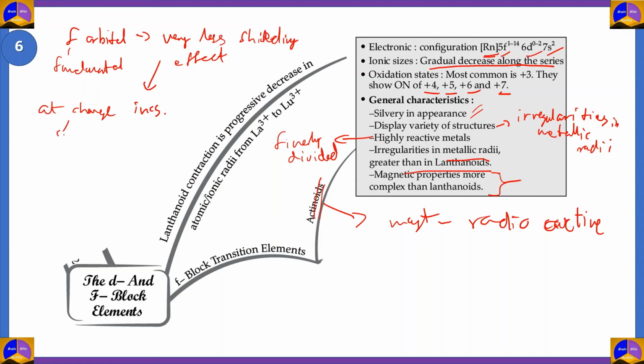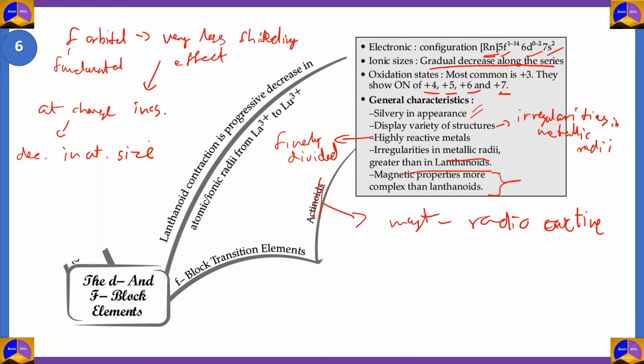And due to that, you can find a decrease in atomic size in f block elements. So as we move along the lanthanoids or the actinoids, the atomic size gradually decreases. Now, the byproduct of this is that in the d block elements, when we're looking at elements such as zirconium and hafnium, instead of a size increase, you find that zirconium is as big as hafnium, even though hafnium has an extra shell.